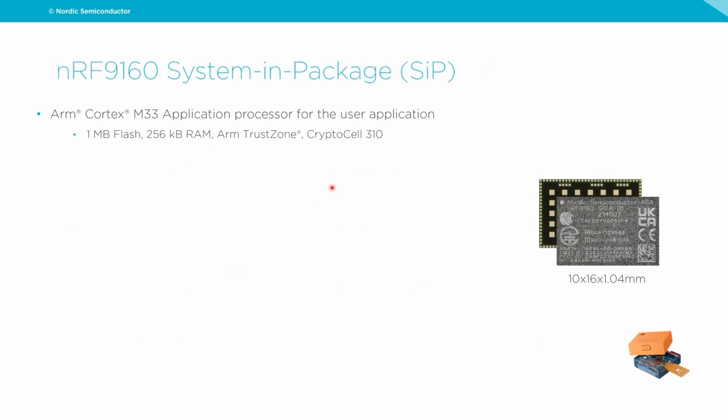So let's talk first about the nRF9160. It is an ARM Cortex-M33 based device. It has the application processor for your user application. That's why you don't need an external host.